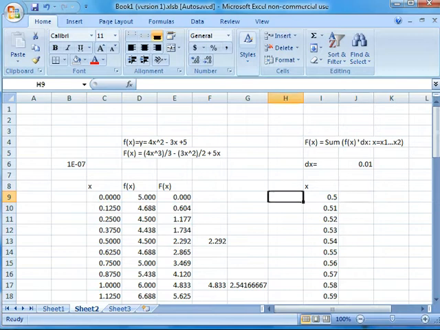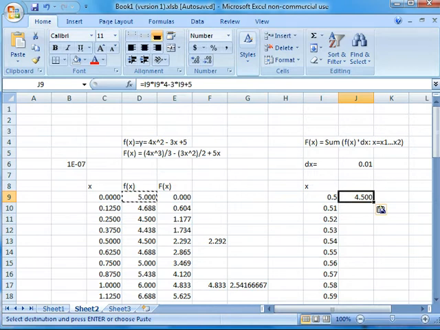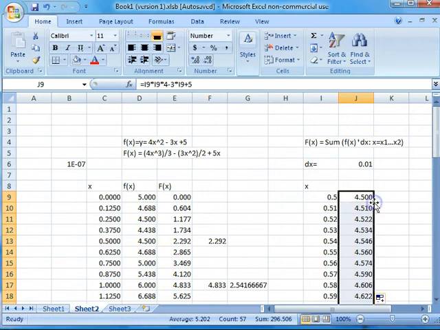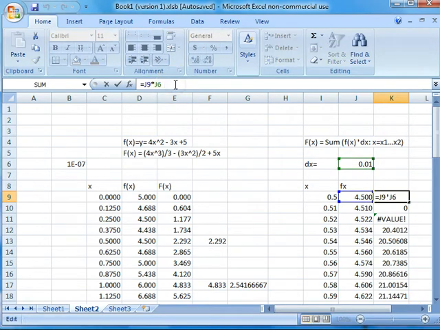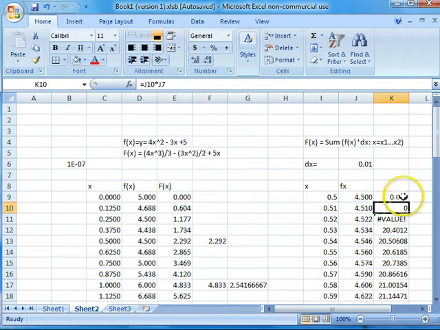And we copy the formula for f of x, and we have f of x for all these values. And now we multiply in a very simplistic way f of x times the dx, we need to make an absolute reference to that before copying the cell.